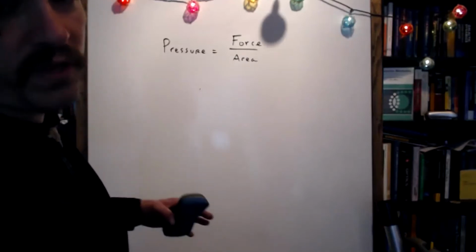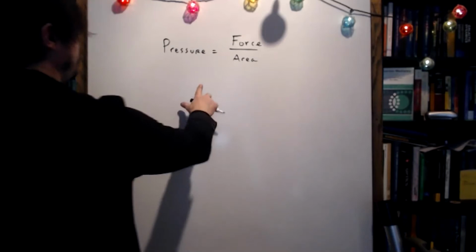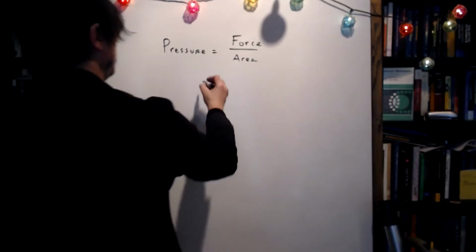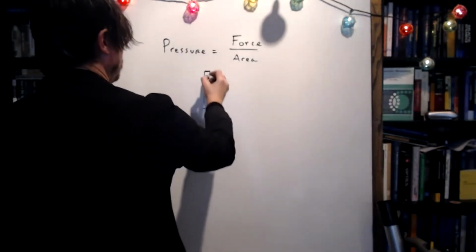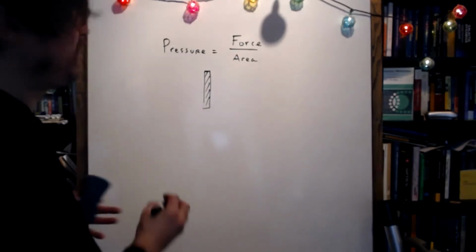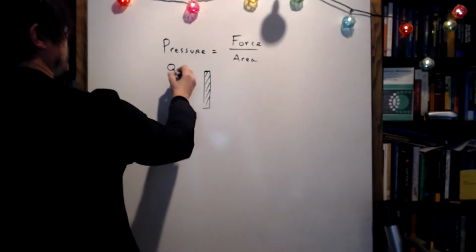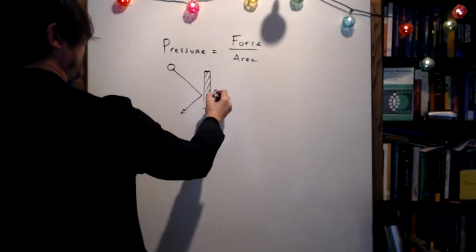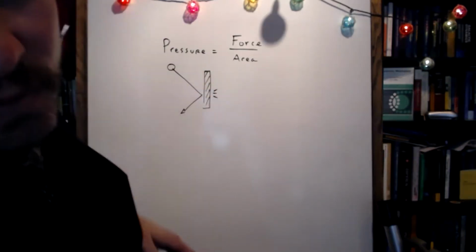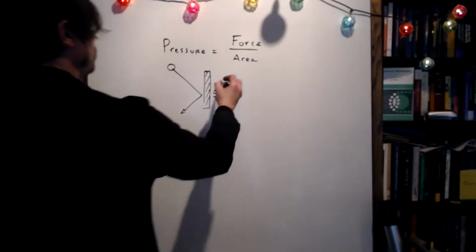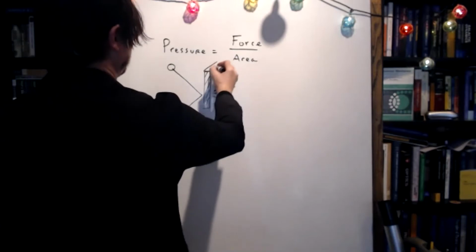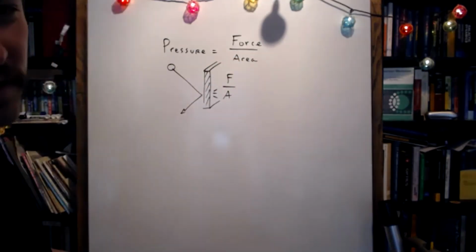Usually you imagine a bunch of gas particles in a balloon or something, and you imagine that there's a wall. This wall could be the rubber membrane of the balloon, or the box that the gas is contained in. The gas particles are smashing into the wall, and as they hit the wall, they impart a force. So the force is the force of the particles smashing into the wall, and the area is the area of the wall that the particles are smashing into.